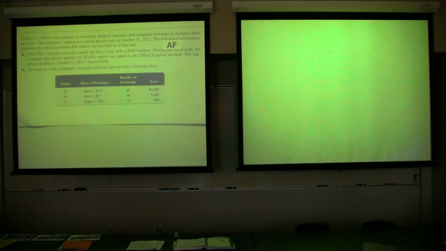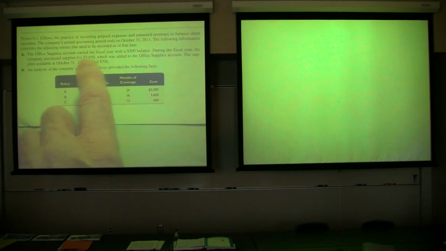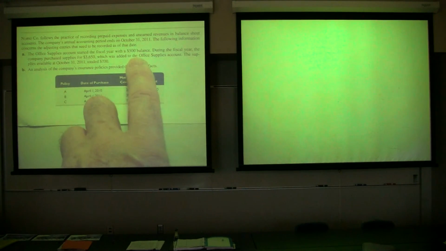The Noble Company follows the practice of recording prepaid expenses and unearned revenues in balance sheet accounts. The company's annual accounting period ends October 31st, 2011. The following information concerns the adjusting entries that need to be recorded. The first one: the office supplies account started the fiscal year with a $500 balance.